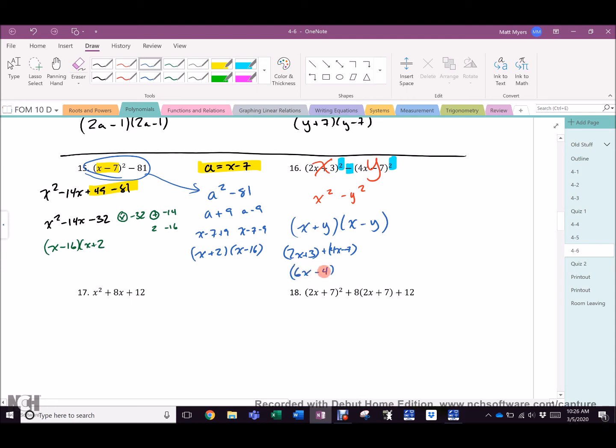Would you ever leave that in this class? Why not? Always GCF. So what is that going to become? 2 times 3x minus 2, correct? Everyone agree? Okay. That's the first part. That's the x plus y. Now we got to do x minus y. What's x?